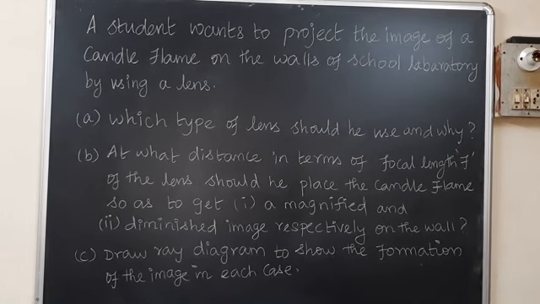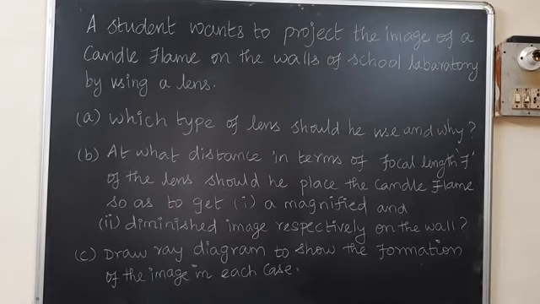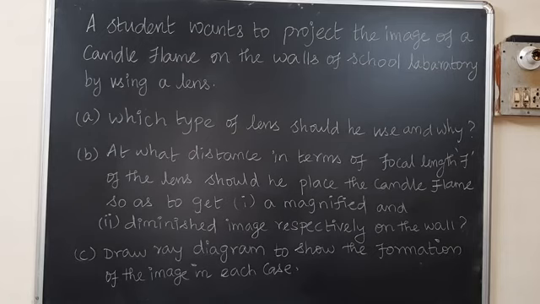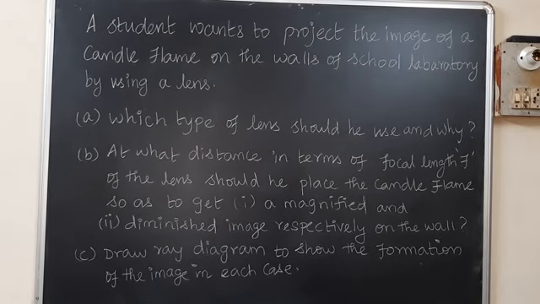Subdivision B. At what distance, in terms of focal length f of the lens, should he place the candle flame so as to get subdivision 1, a magnified, and subdivision 2, a diminished image respectively on the wall?